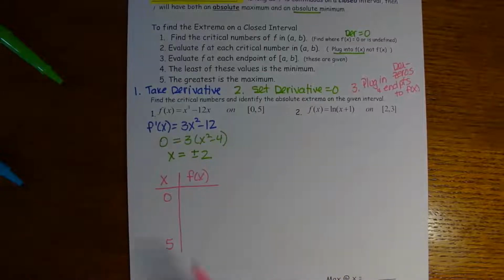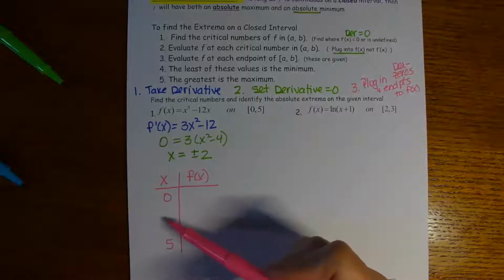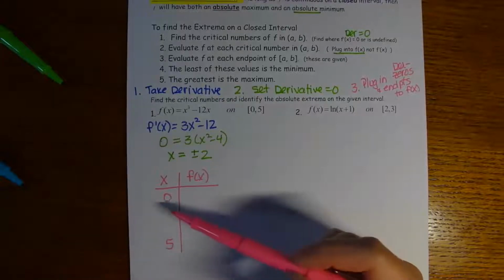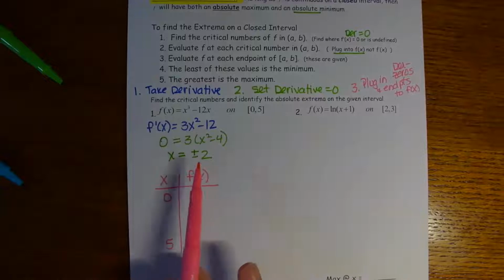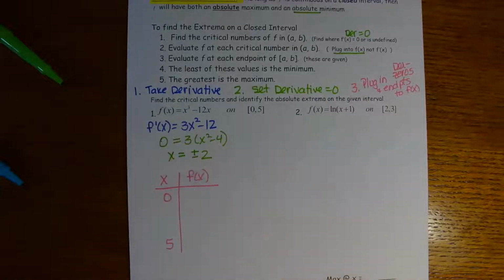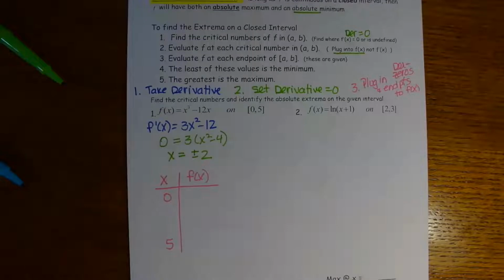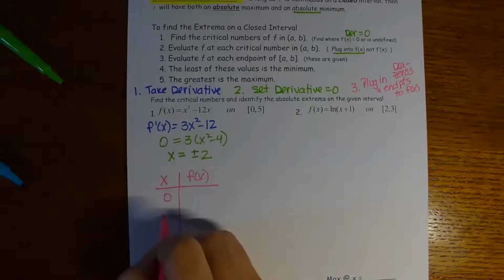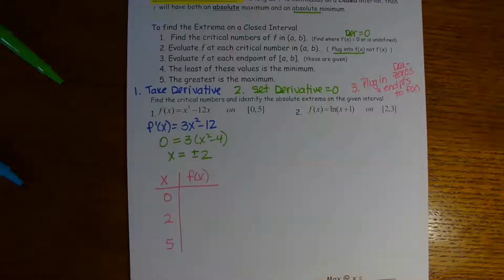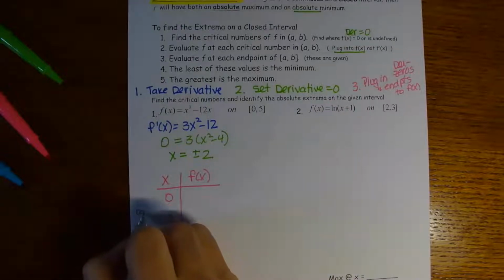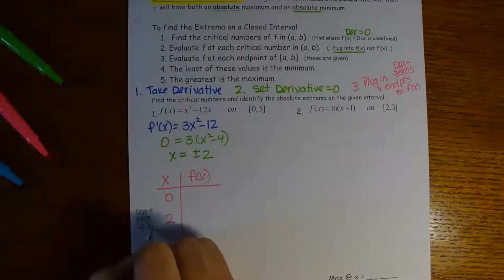And then what else am I going to check? I'm going to check anywhere that the derivative is equal to 0 that fits between these points. Now I had 2 and -2. Do either of those numbers fit in between 0 and 5? 2. Am I going to check the -2? No. Don't plug -2 in.